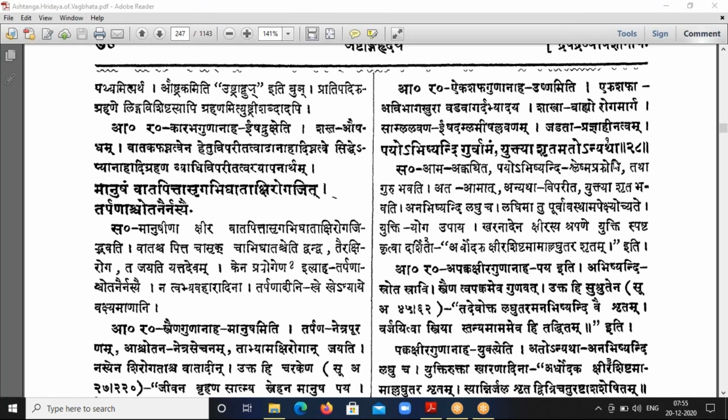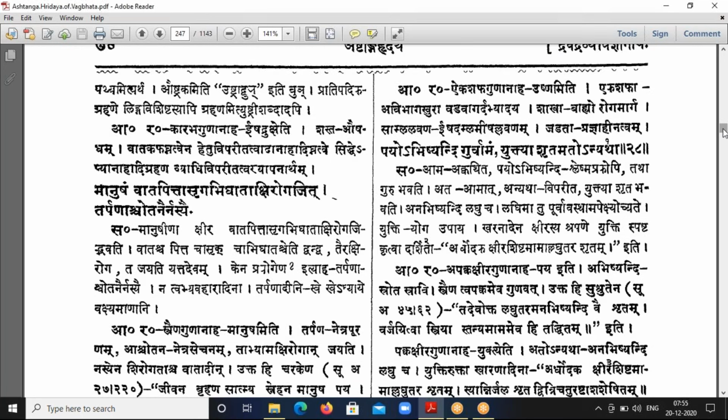So many options could be there, and sometimes these different ways of cooking or boiling, adding different types of milk and different amounts of water, may influence the quality of milk in terms of its influence on the tridoshas as well. So it is a vast topic which cannot be completely discussed in our session.